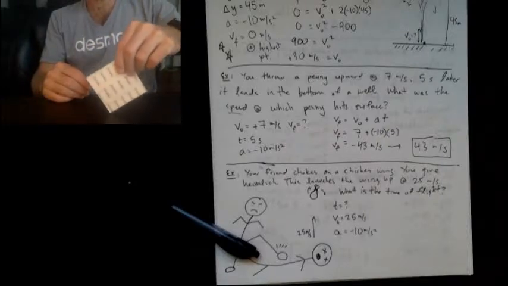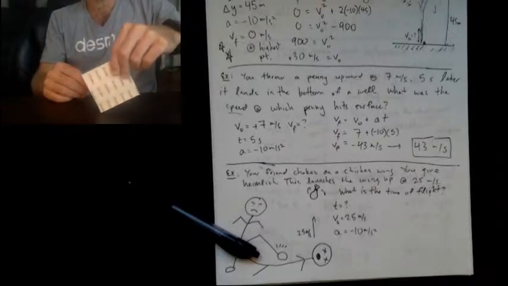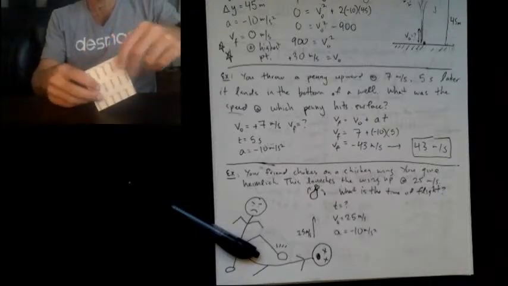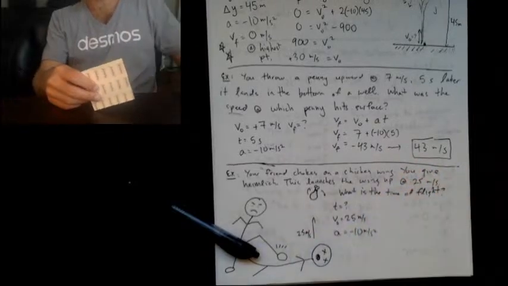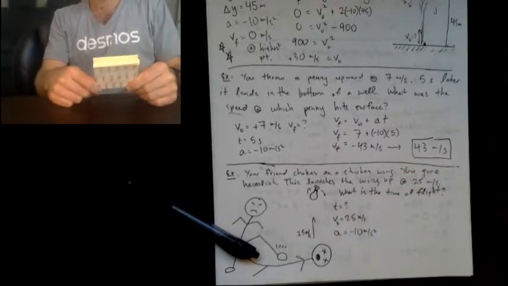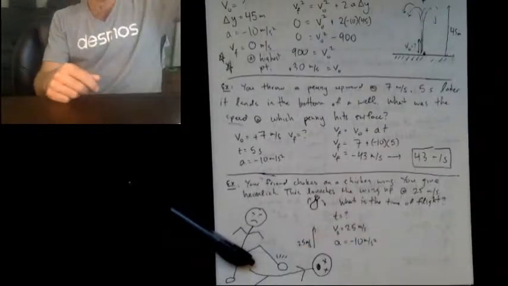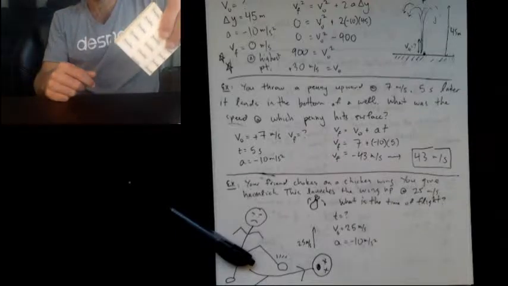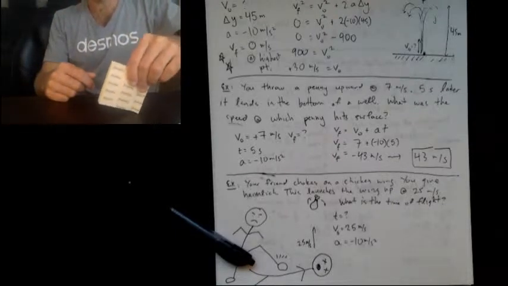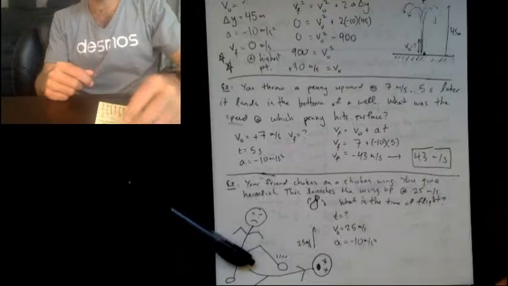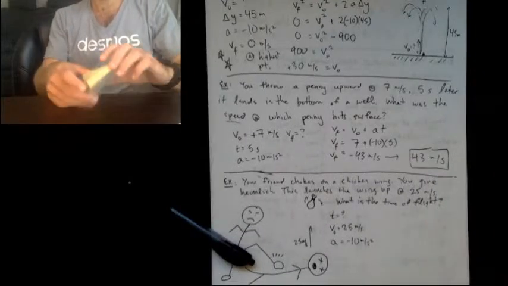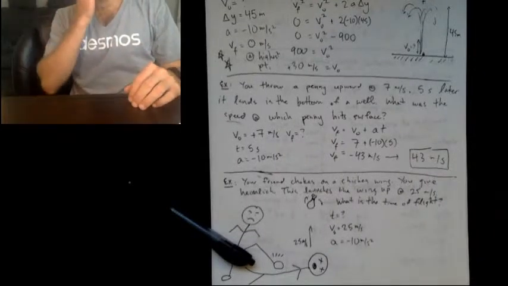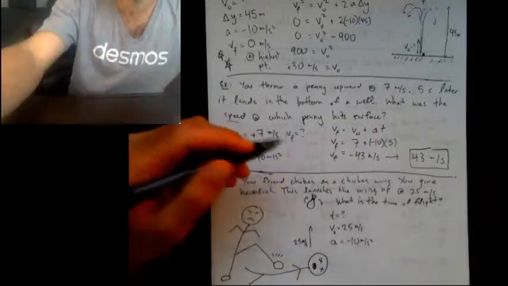It comes to a stop because it made contact with the ground, okay? And because it made contact with the ground, the acceleration is going to change, which is going to invalidate the kinematics equation. Because you have one acceleration while it's falling, and then another acceleration while it's decelerating to a stop as it makes contact with the ground. That's two different accelerations. So we cannot use v final equals 0.